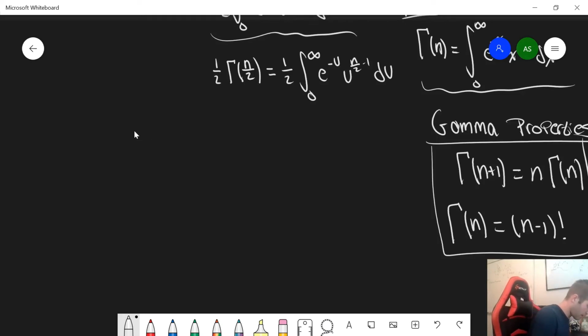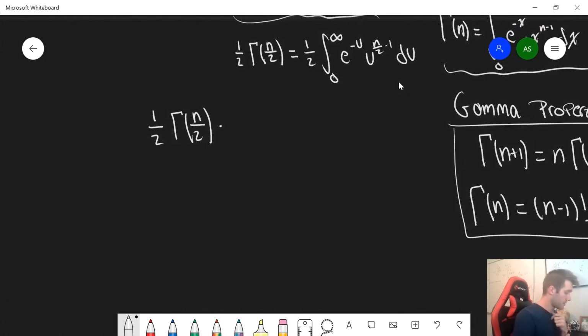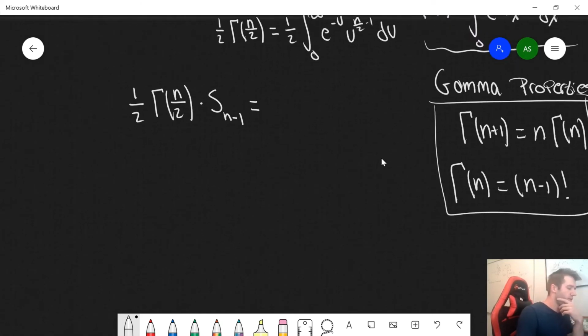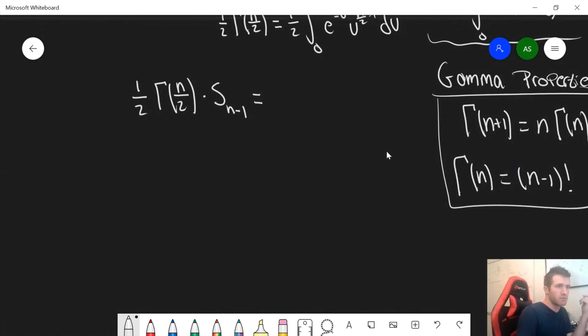Now that we know 1/2 gamma of n over 2, we need to multiply it by what we have already described and generalized. So S of n minus 1 is equal to, what would it be equal to? Well, what did we describe for our n-dimensional integral to begin with? We just raised our Gaussian integral to the nth power.